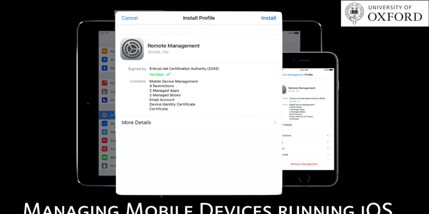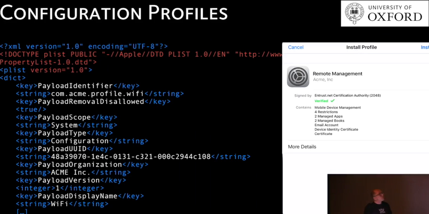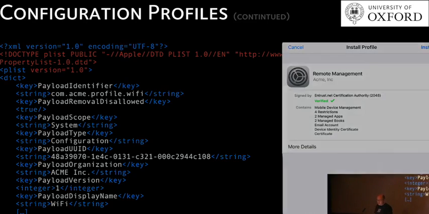And with that being installed, what actually happens is you install a really little bit of signed XML which encapsulates all the information. There's the identifier, there's a versioning, and all that you've seen before.